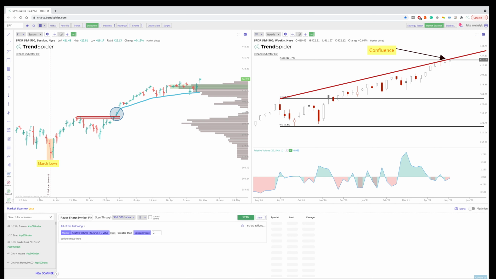That means you are looking for 2 times the average volume, and you can see here we're looking at the 20-week SMA, which is what we're comparing it to. So anything that's twice as big as the 20-week SMA, which is just the average volume for 20 weeks, you'll be able to just type that in and scan.